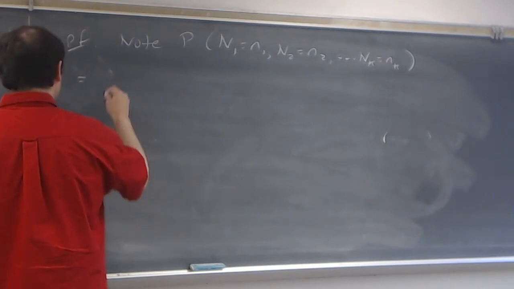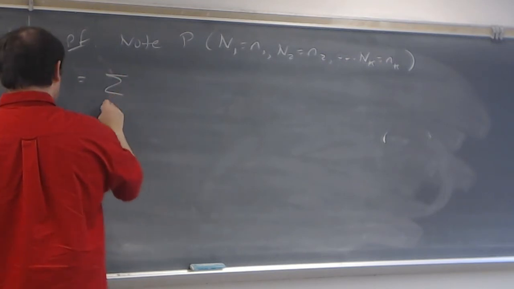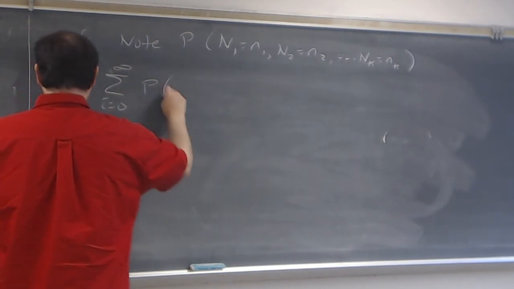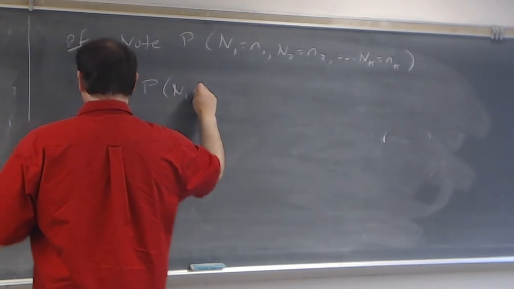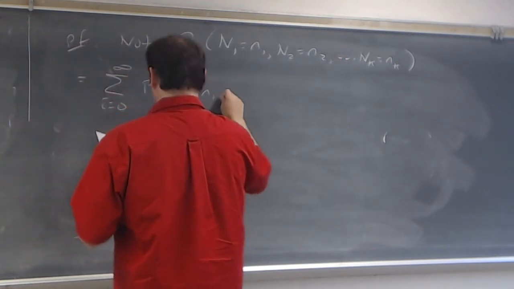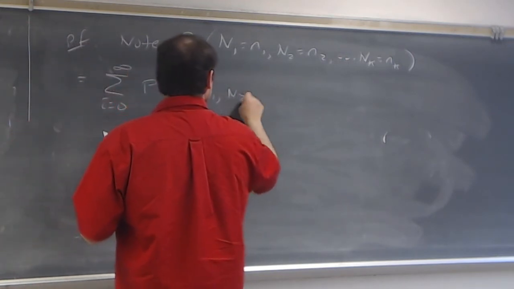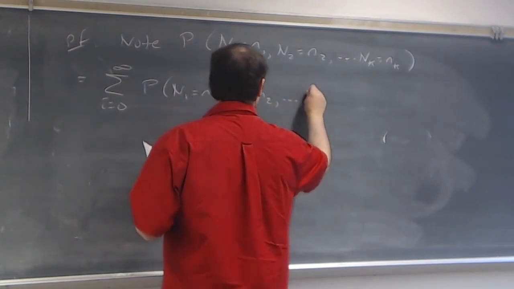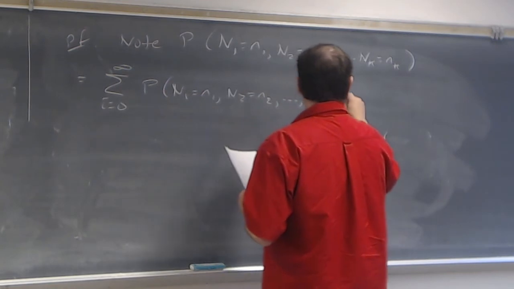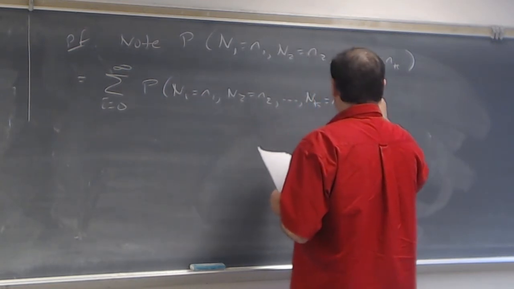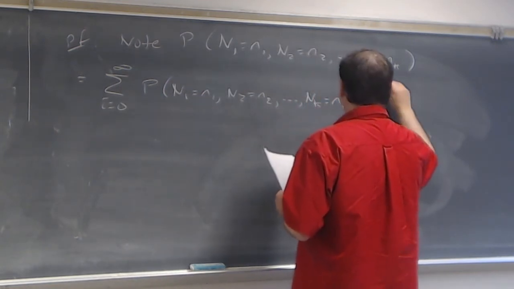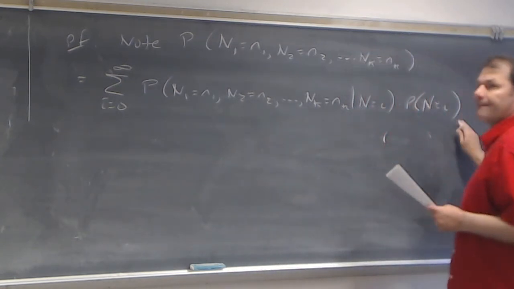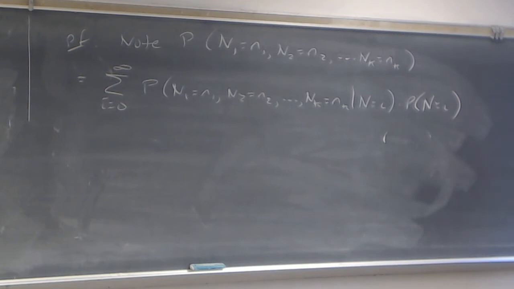That's equal to the sum as i runs from 0 to infinity of P(N sub 1 equal to little n sub 1, N sub 2 equal to little n sub 2, all the way up to N sub k equal to little n sub k, given big N equals i) times the probability that big N equals i.